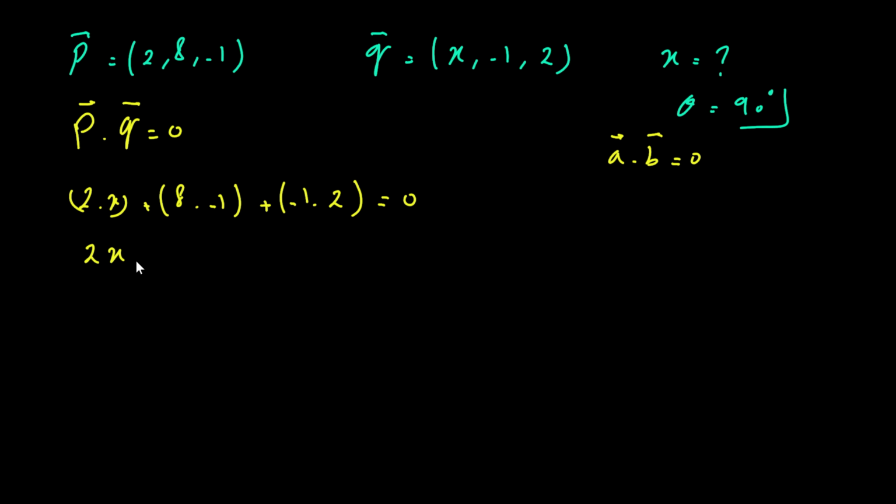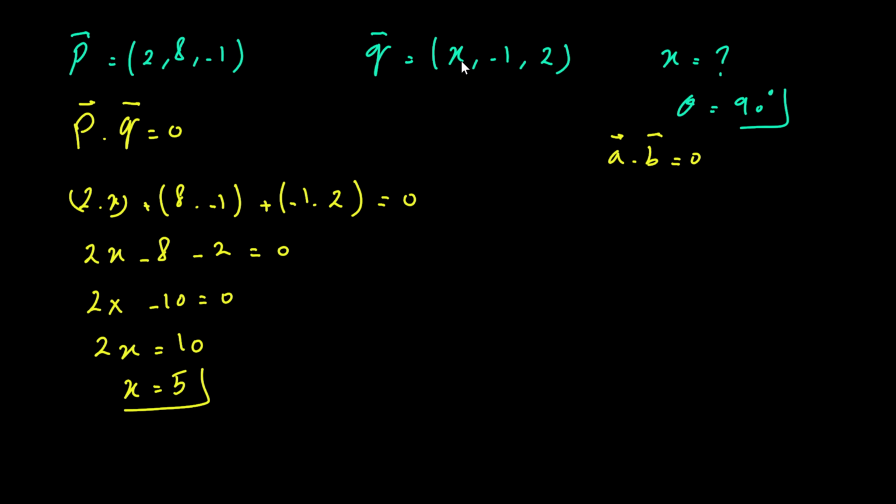So 2x minus 8 minus 2 is equal to 0. 2x minus 10 is equal to 0. 2x is equal to 10, and x is equal to 5. So x equal to 5 would satisfy the condition of A dot B equal to 0, and our angle between the two vectors will be 90, meaning the two vectors are perpendicular or orthogonal to each other.